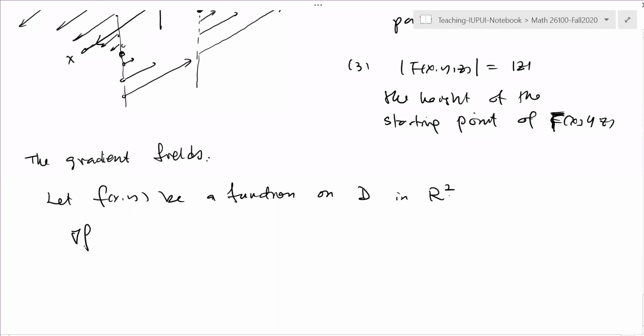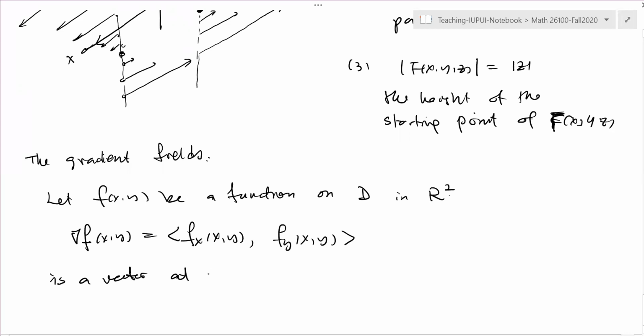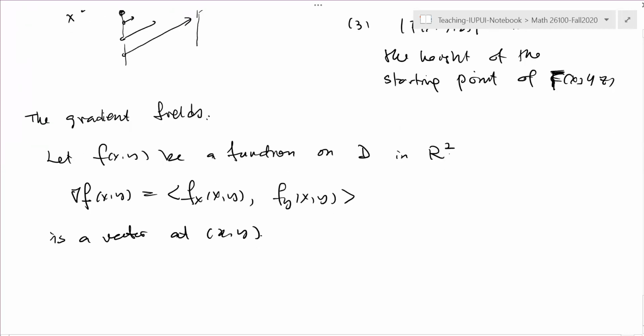Then the gradient of the function is actually a vector field, because at every point you get two components. This is a vector at the point (x, y). So we get a vector field.